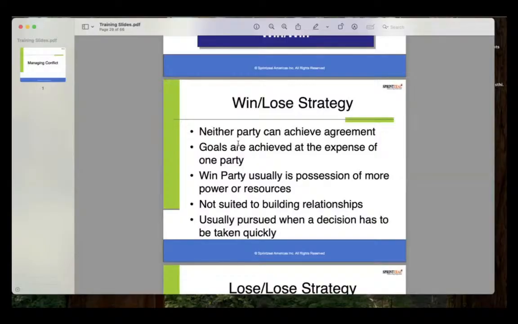Now, can you relate our scenario with this? Well, if you put it like that, into a work context, yes, I understand the logic. Because this is what is happening in that scenario. Who is the win party in that case? The manager, right?